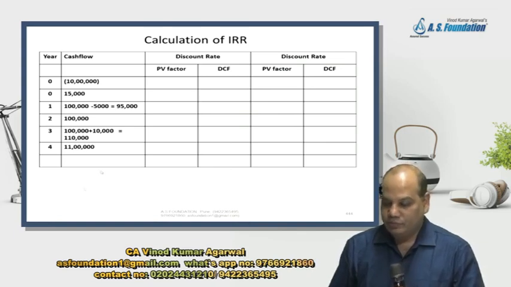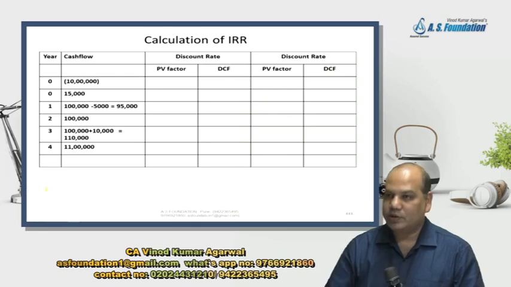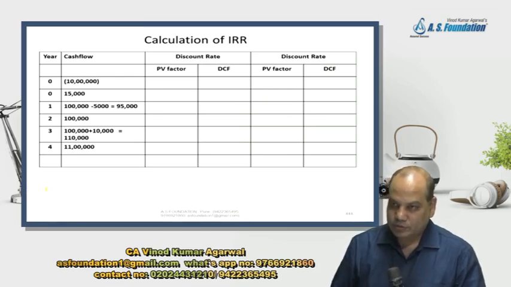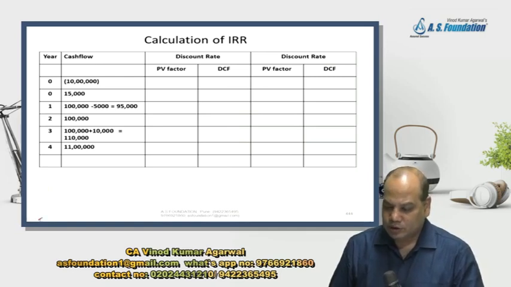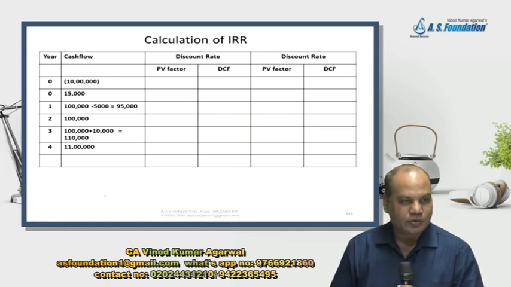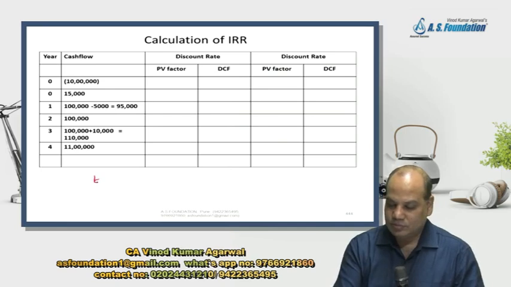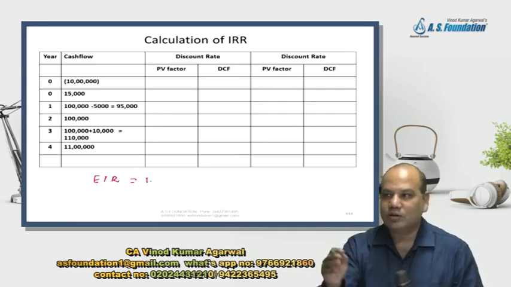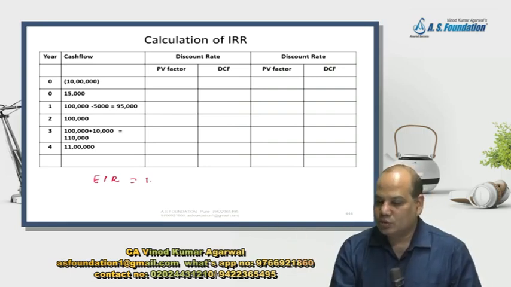Question 17. So what was the IRR in that question? 10.625. Is it right? 10.625.